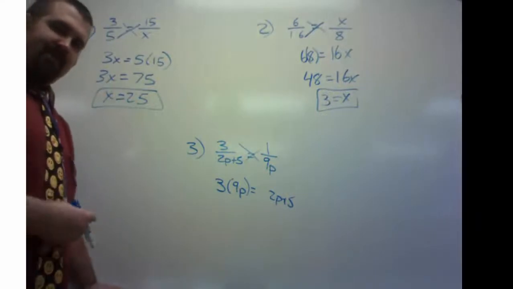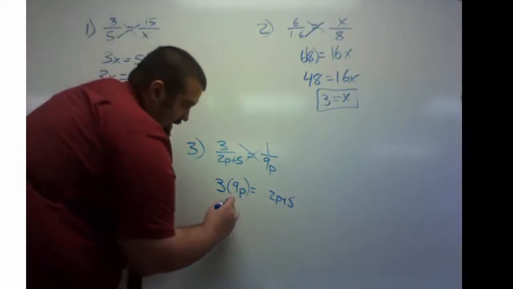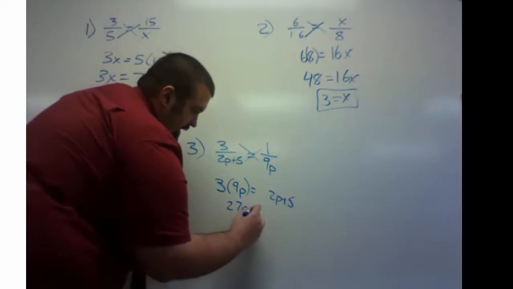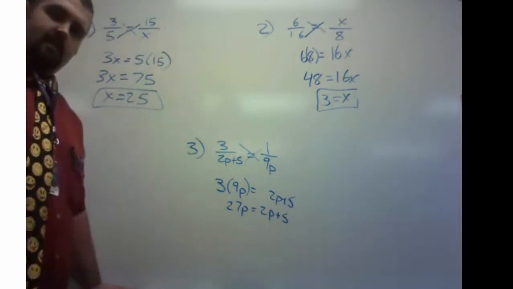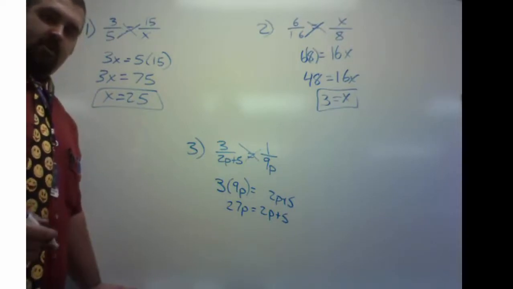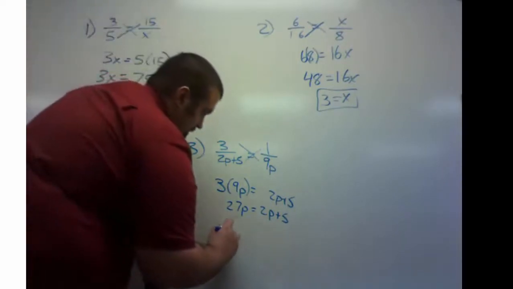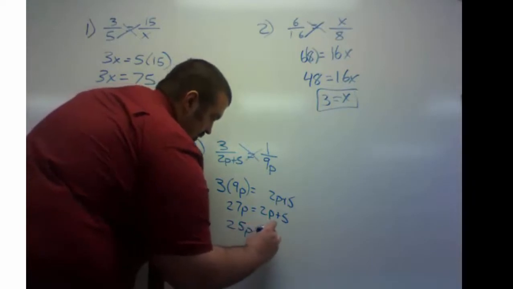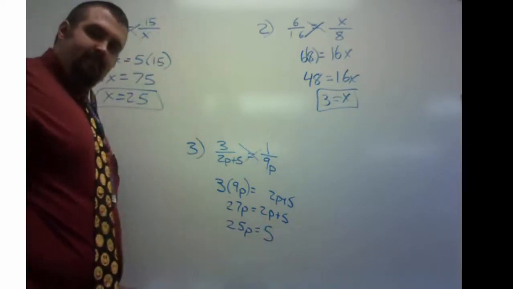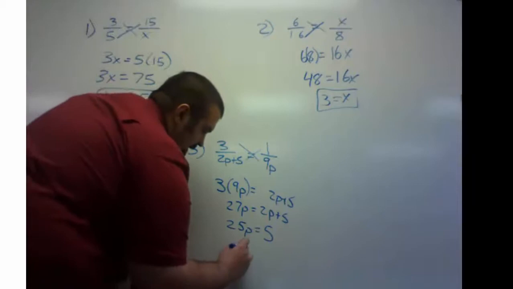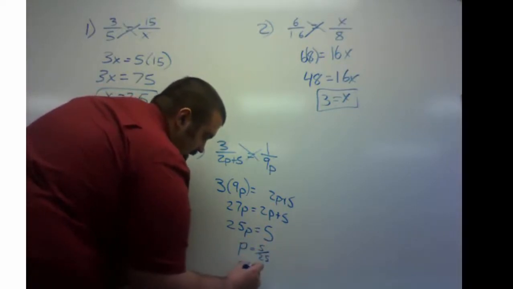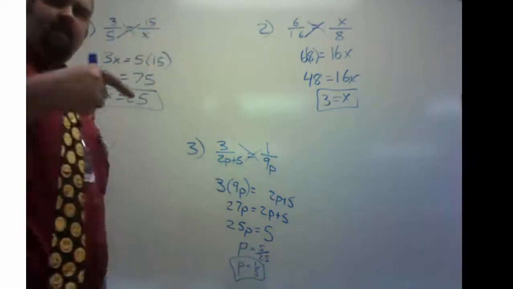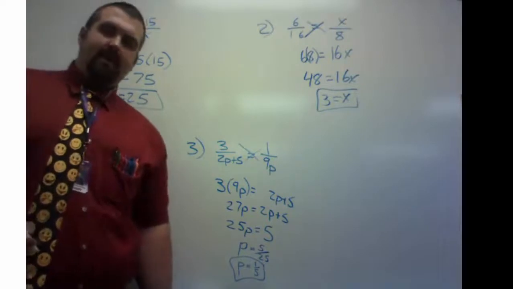So simplify both sides. 3 times 9p is 27p equals 2p plus 5. Subtract 2p from both sides. 25p equals 5. Divide both sides by 25. P equals 5 over 25. Or p is 1/5. Because 5 and 25 are both divisible by 5.